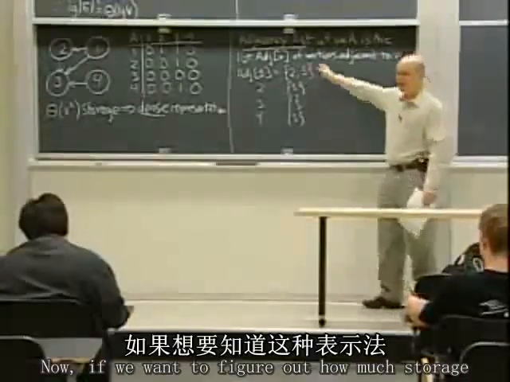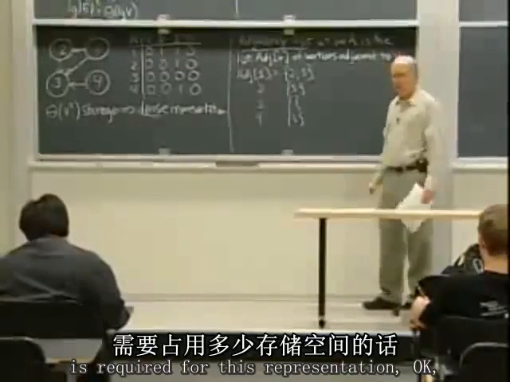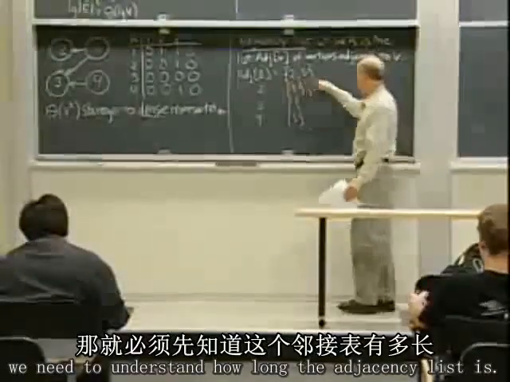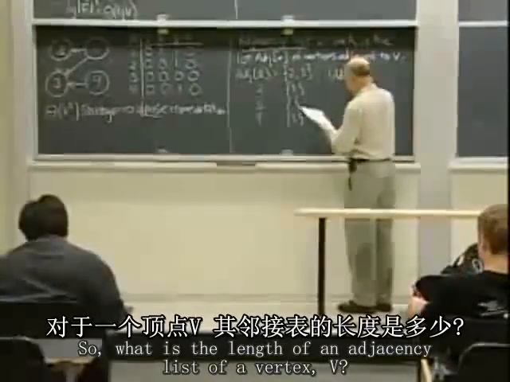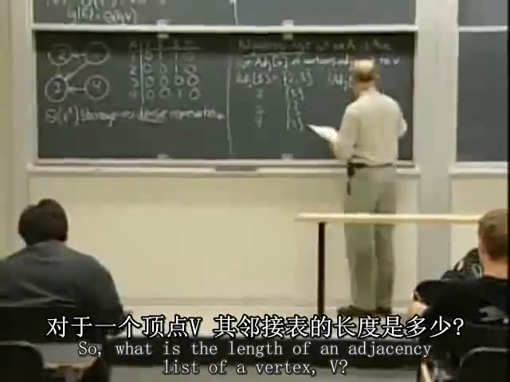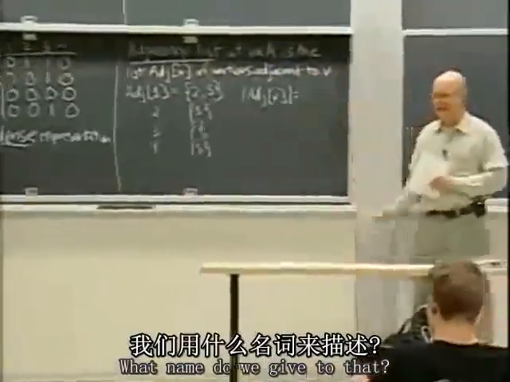So that's the representation. Now, if we want to figure out how much storage is required for this representation, we need to understand how long the adjacency list is. So what is the length of an adjacency list of a vertex V? What name do we give to that?